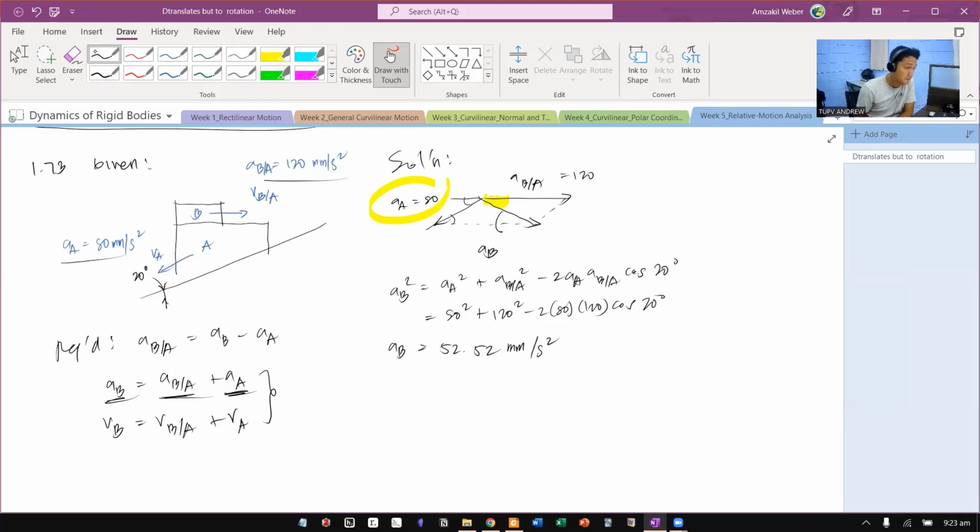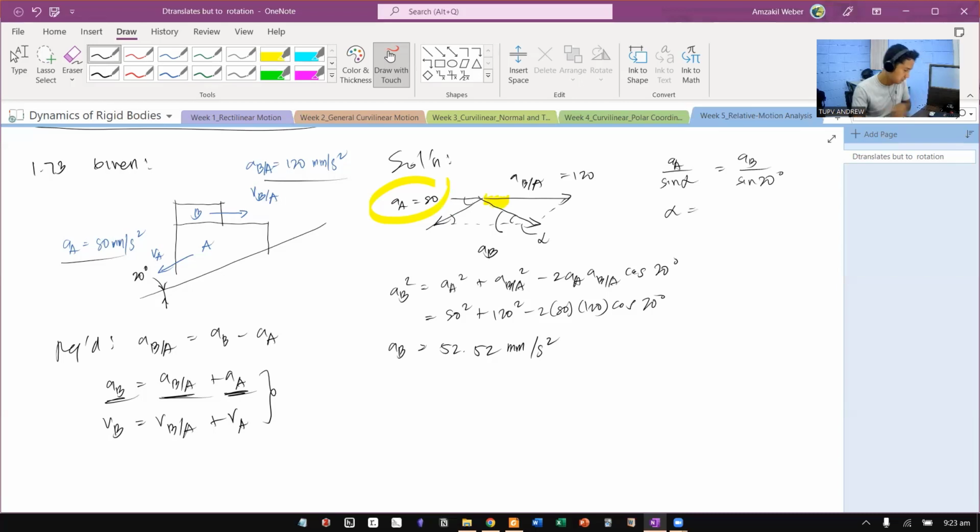So, sine law, okay? We call the angle alpha. So AA over sine alpha is equal to AB over sine 20 degrees.